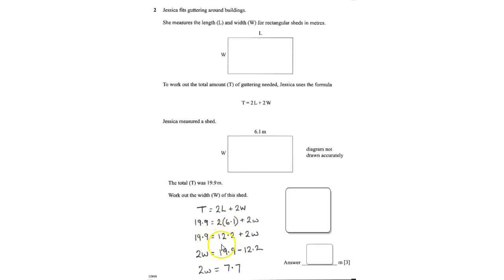The next step is we take away 12.2 from both sides, which then becomes 2W equals 19.9 take away 12.2. Tidy that up, and we've got 7.7. Next step is W is equal to 7.7 divided by 2, which means we're dividing by 2 on both sides, and this is what we get next. 7.7 divided by 2 is 3.85. So the width is 3.85 meters.